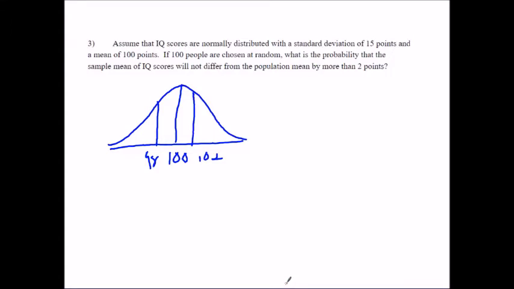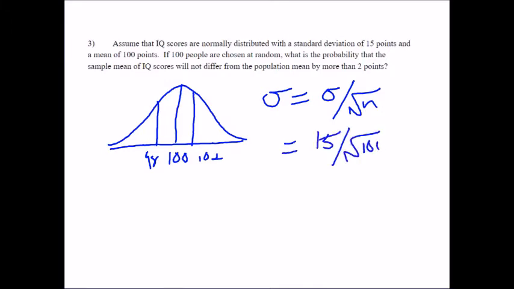Because we're taking a sample of people, the sample mean, we have to have a different standard deviation. In this case, our standard deviation for this sample is going to be the standard deviation divided by the square root of the sample size, the number of people we're choosing at random. So it's going to be 15 divided by the square root of 100, so that's 15 divided by 10, which is not 0.15, sorry, it's 1.5.